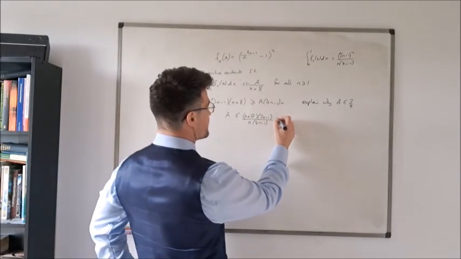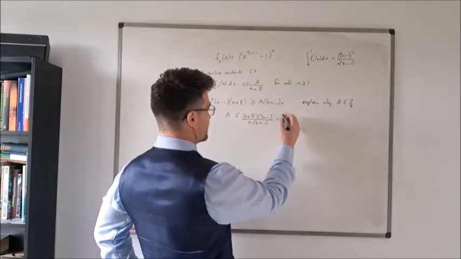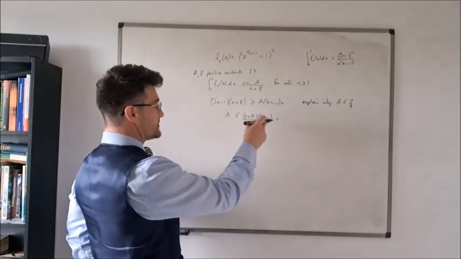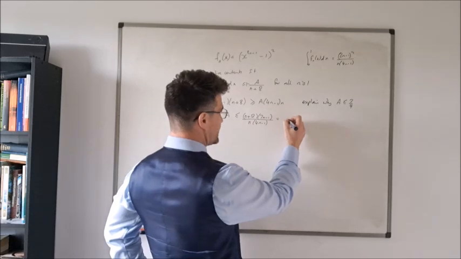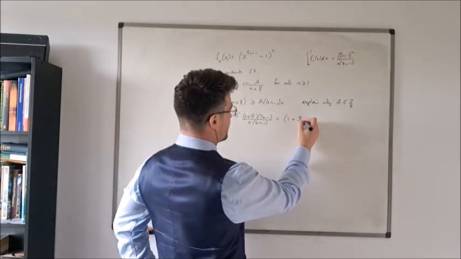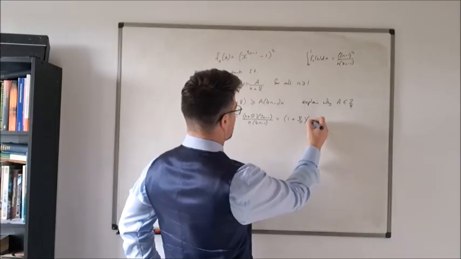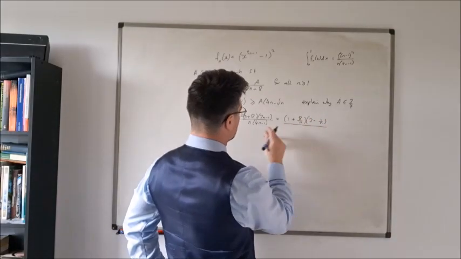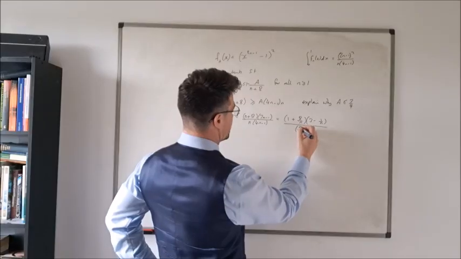Which you can then write in the following form, by dividing numerator and denominator by n squared. You get (1 plus b over n) times (3 minus 1 over n), over n, which is just 1 over (4 minus 1 over n).